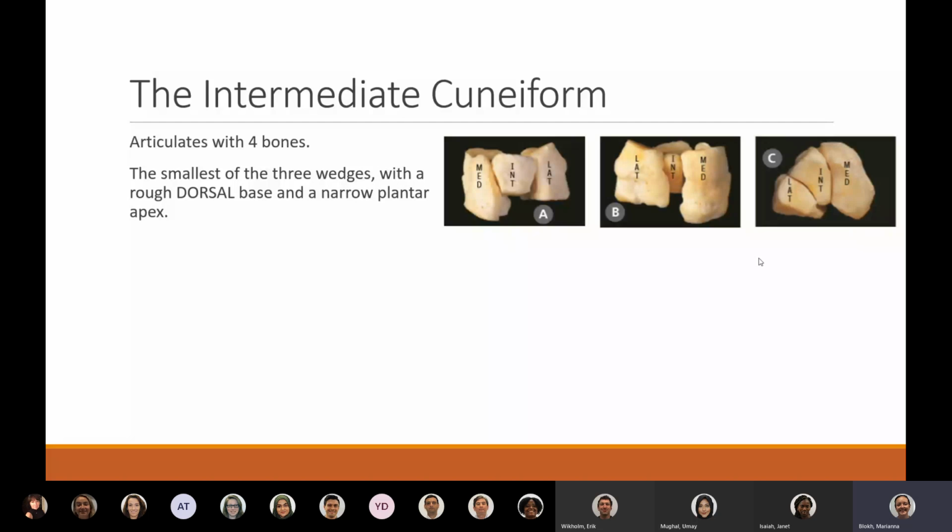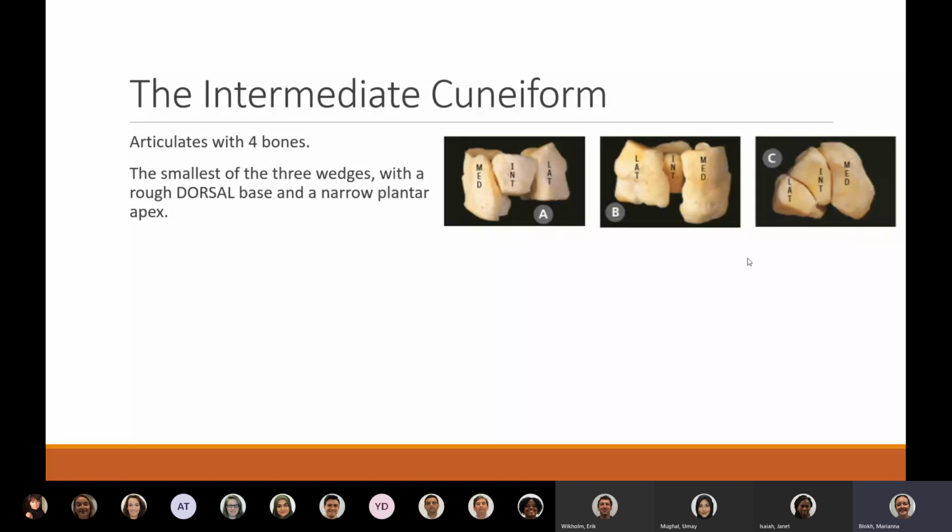Intermediate cuneiform, they could ask questions about it, comparing. Remember, cuneiforms appear at different times, right? Ossification. So the question could be, all of the following are true about the intermediate cuneiform, and they'll talk about its ossification. They could give you the right number or the wrong number. They could talk about its size: the intermediate cuneiform is the smallest of the three wedges, or the largest of the three wedges, things like that.